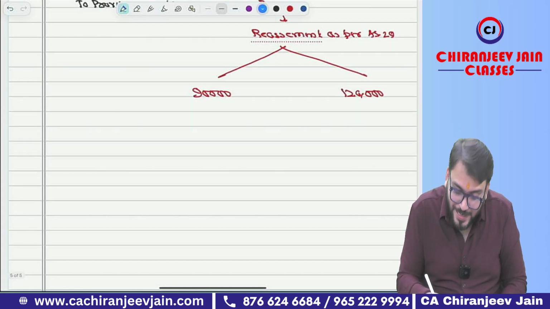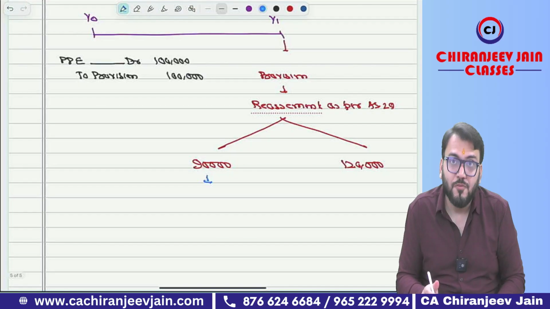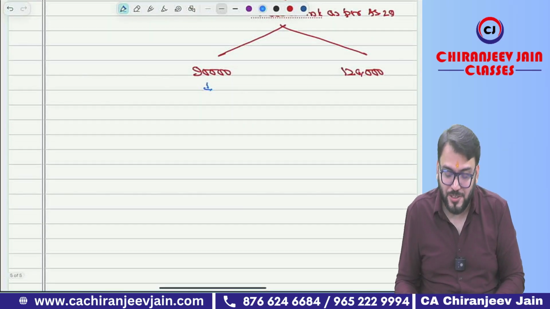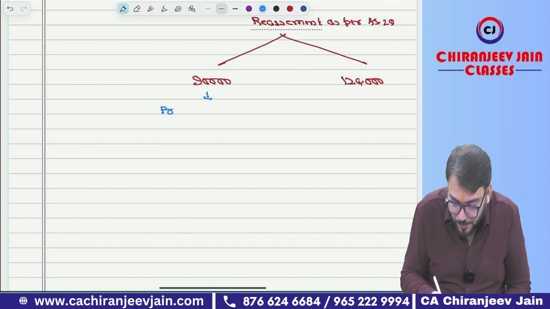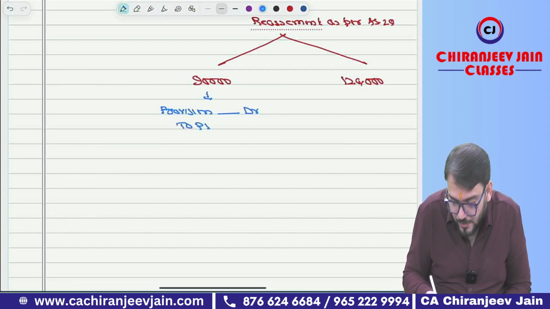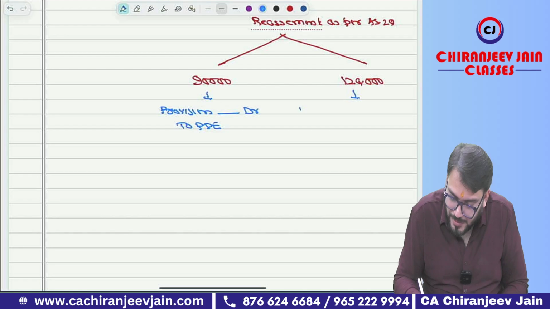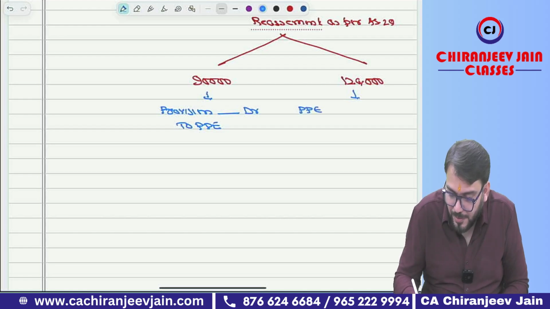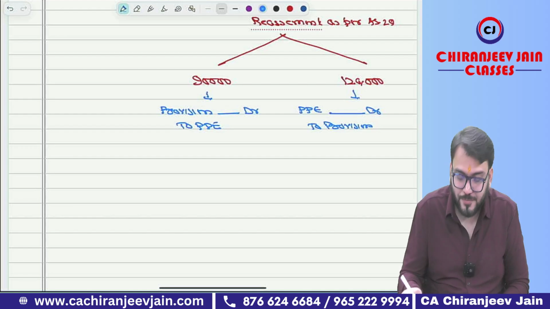If it becomes 90,000, there is a decrease. This decrease will be adjusted with the cost price of PP only. Then what journal entry? Provision account debit to PP, and in the other case, PP account debit to provision.